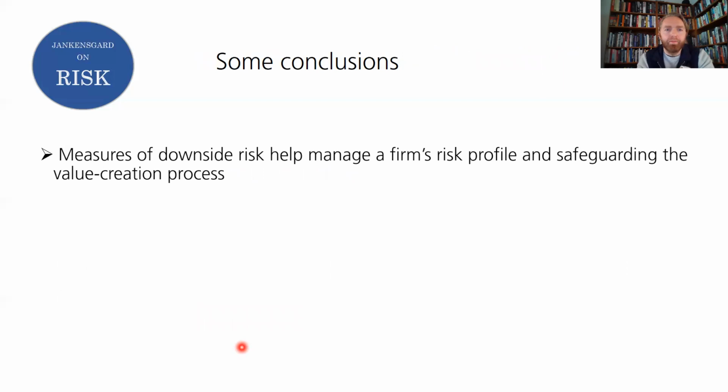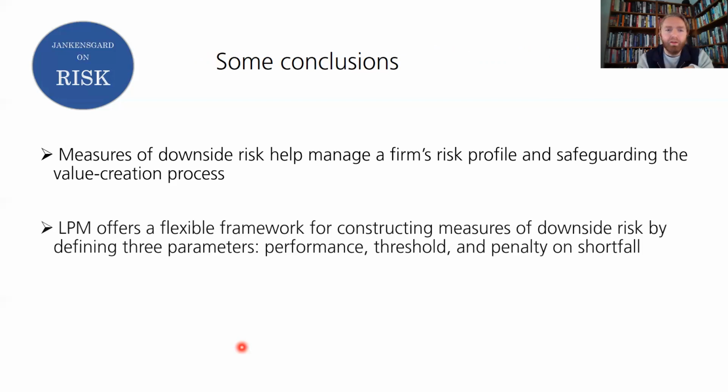Conclusions then: these measures of downside risk can help you manage your risk profile and safeguard the value creation process. Remember, we're interested in upside potential and all that, and value. Managing downside risk can help us do that. That's the premise. The lower partial moments is a flexible framework for dealing with all this practically.